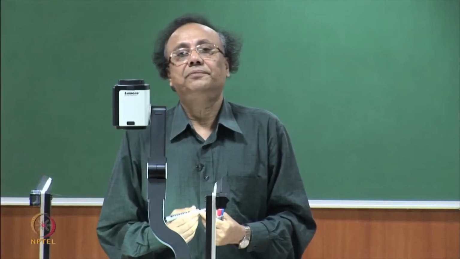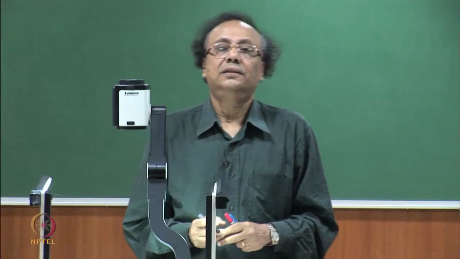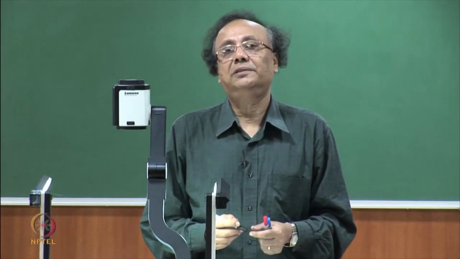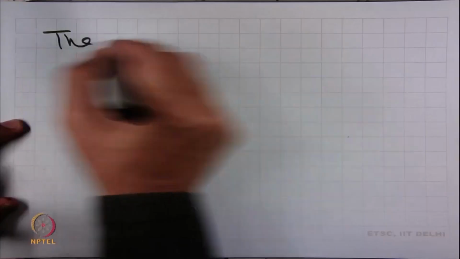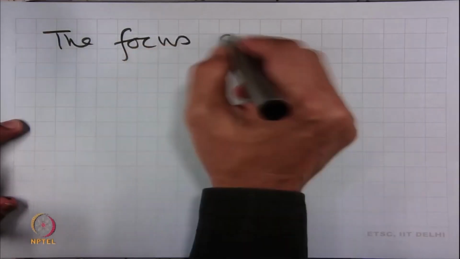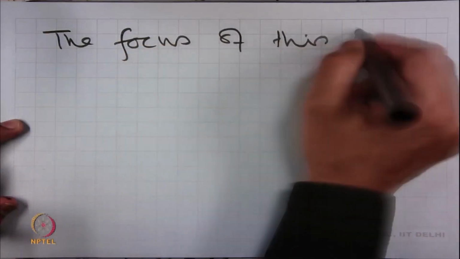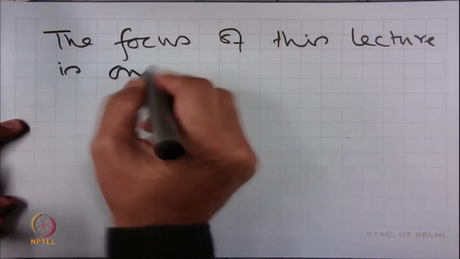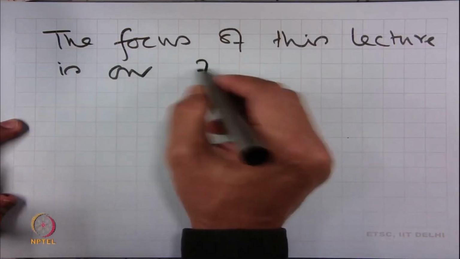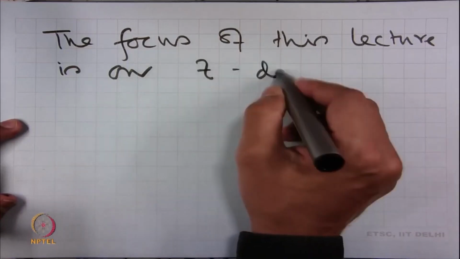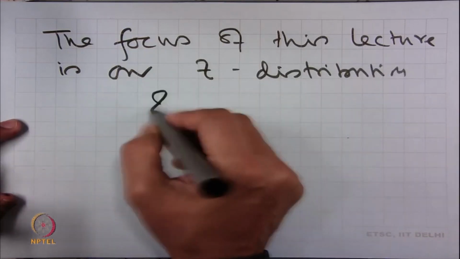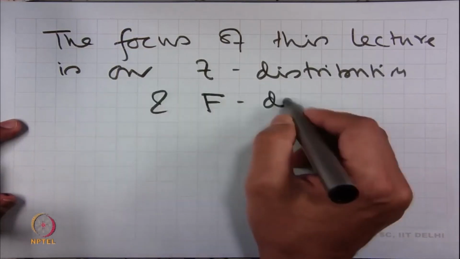In this lecture, we will look at some more types of random variables. In particular, the focus of this lecture is on the T distribution and F distribution.